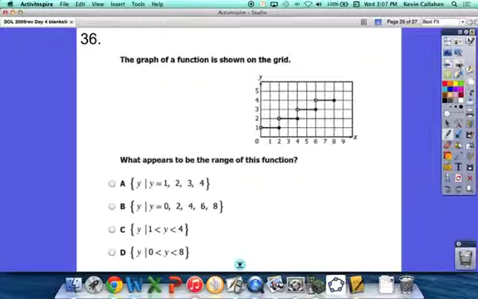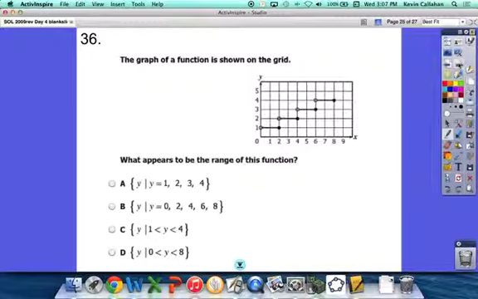But on the left side of each segment, it's an open circle. On the right side of the segment, it's a closed circle, right? So the y value for every point on that segment is whatever that line is, which is 1. And then every point on this segment has a y value of 2. So what would you say is the range of that function?